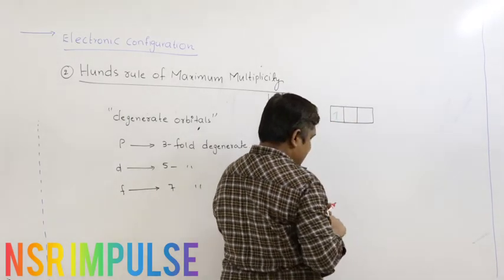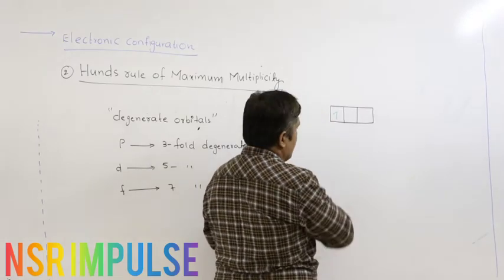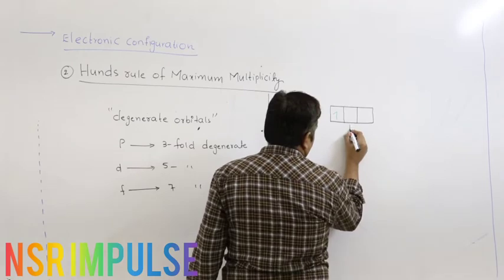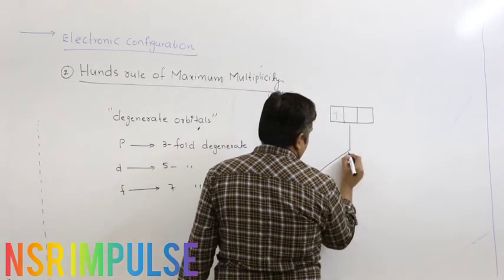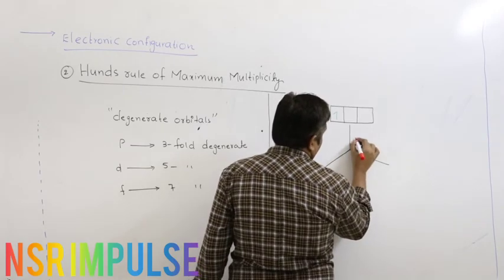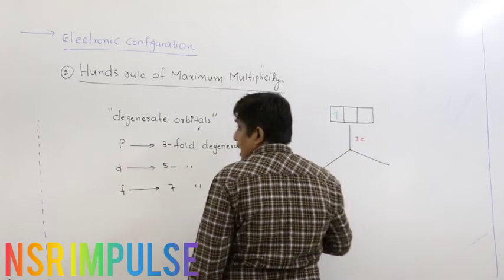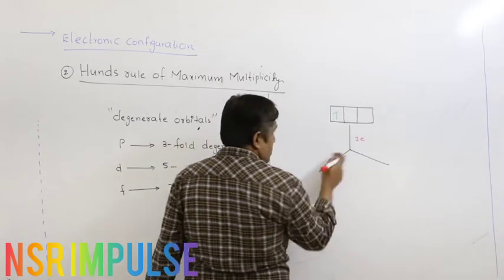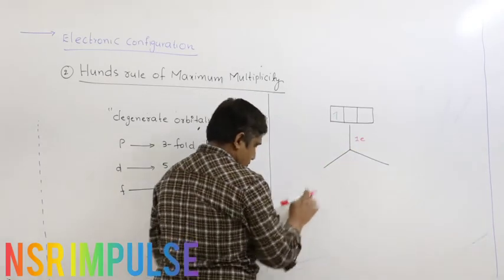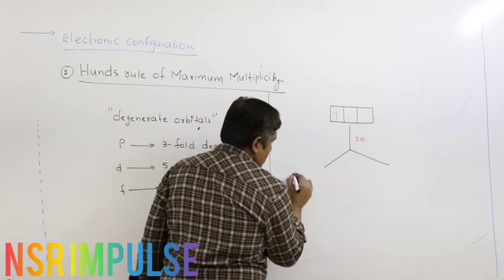Now you are adding another electron. For this electron, there are two possibilities.